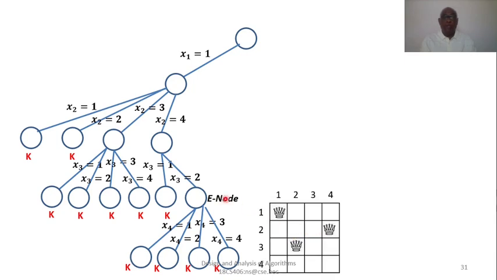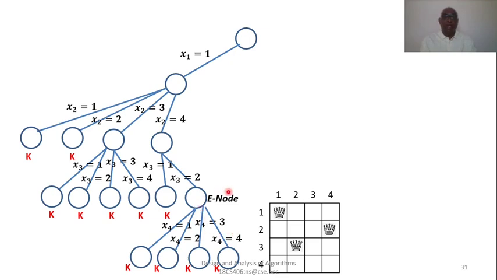This represents the board configuration corresponding to this E node, x1 equal to 1, x2 equal to 4, and x3 equal to 2. And now we have 4 children that are constructed: x4 equal to 1 violates the bounding function, x4 equal to 2 violates the bounding function, x4 equal to 3 violates the bounding function, and x4 equal to 4 violates the bounding function.